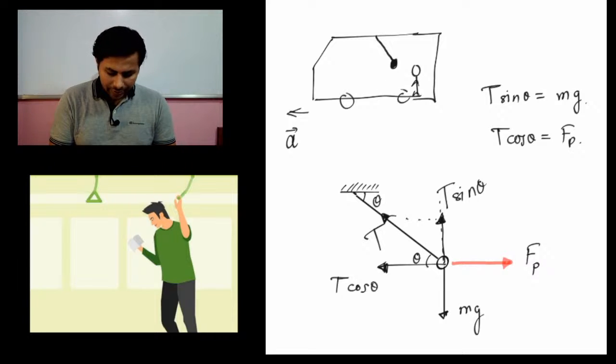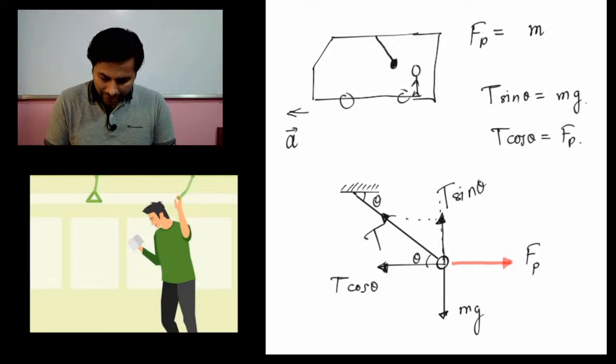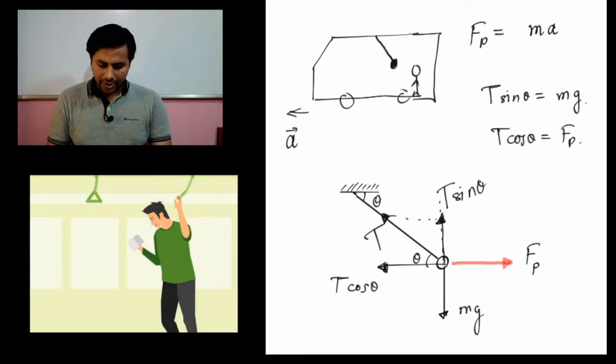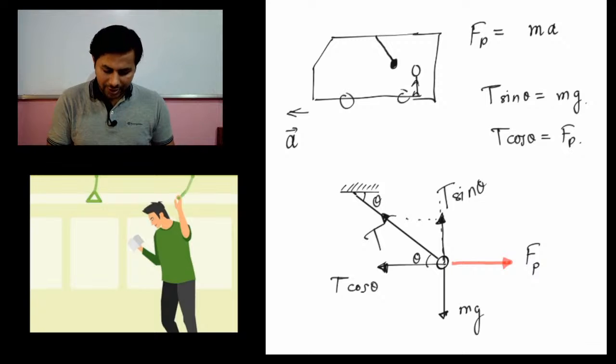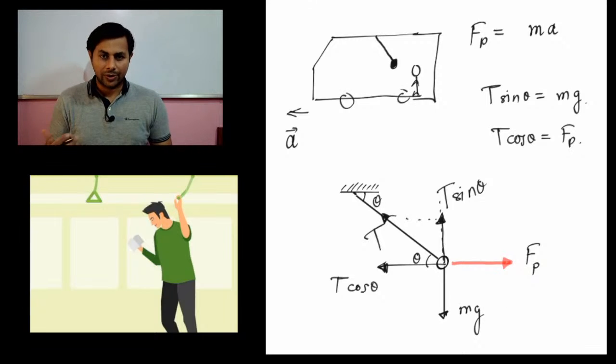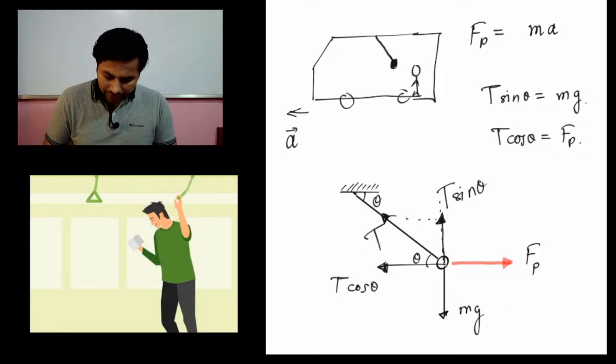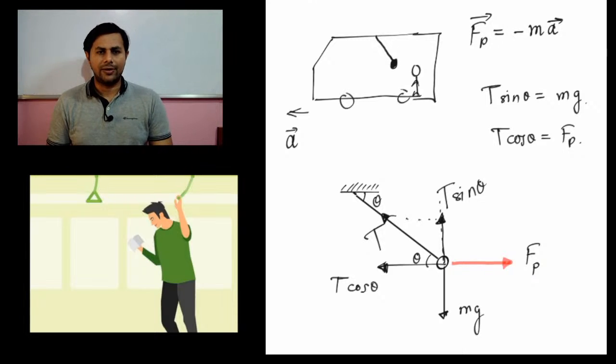It will be equal to the mass of this body multiplied by this acceleration. But what is the direction? The direction is just opposite, as we have seen. So F p bar will be equal to minus m times a bar.